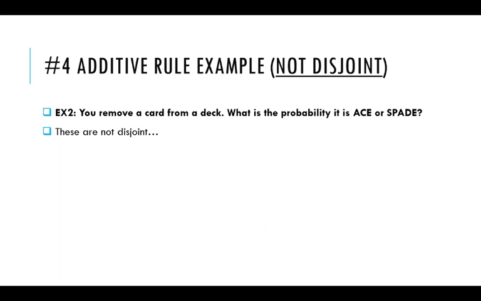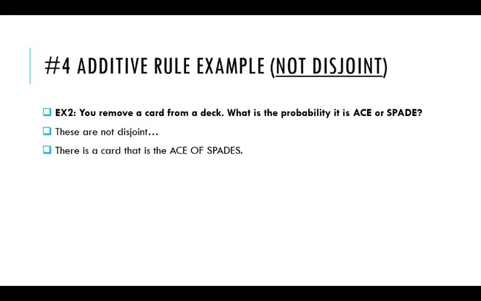Do they have overlap? Do the aces and the spades have overlap? Of course they do. What is the overlap? How many cards overlap between ace and spades? Well, the ace of spades, right?